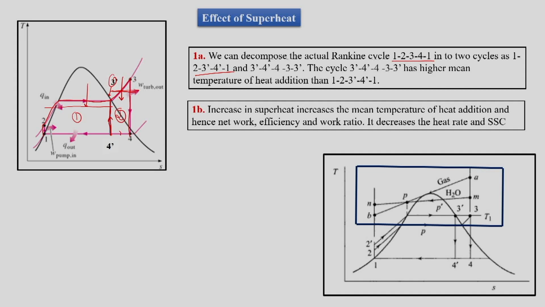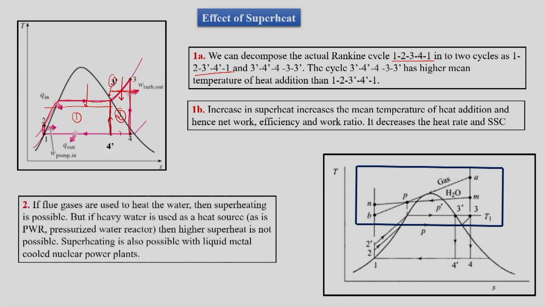We have discussed that the possibility of superheat is there if we have gases as the source. Further, if we have high pressure water, like in pressurized water reactors, it is not possible to have superheat always, but superheat is again possible if we have liquid metals available as the source.